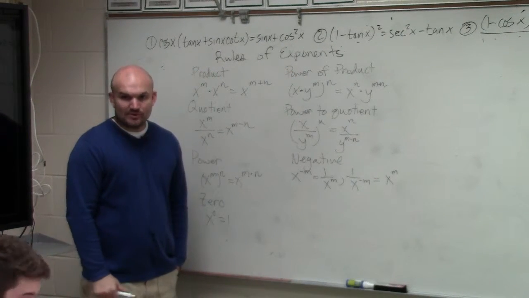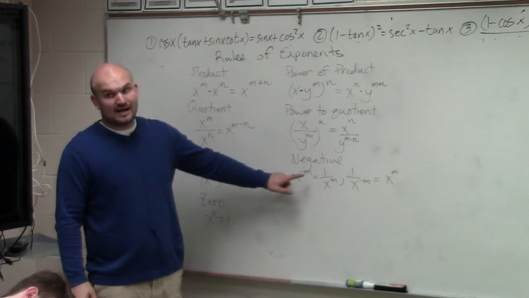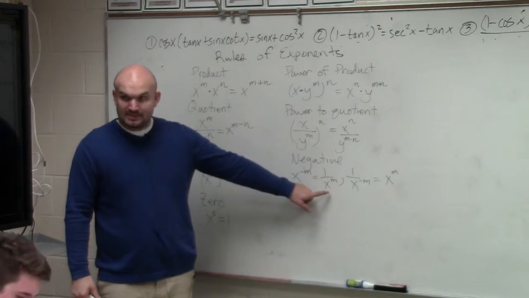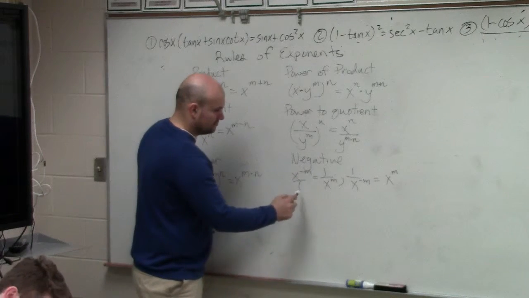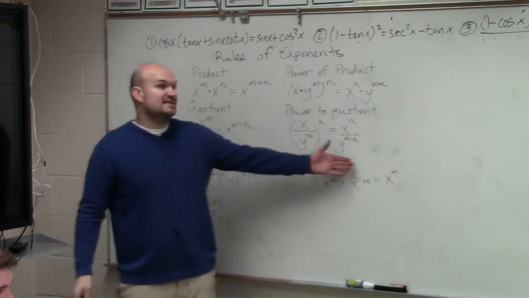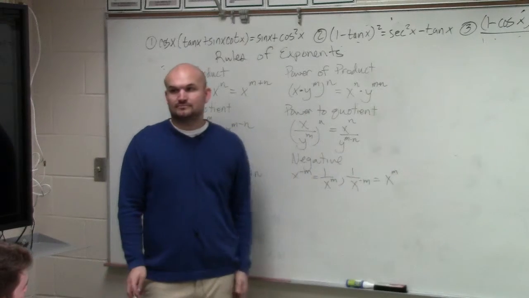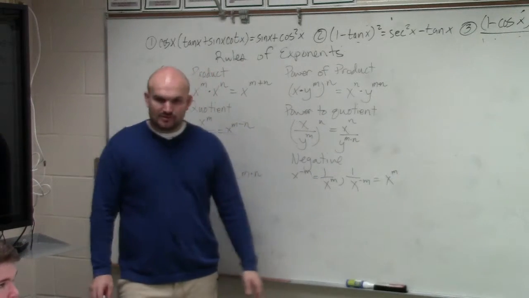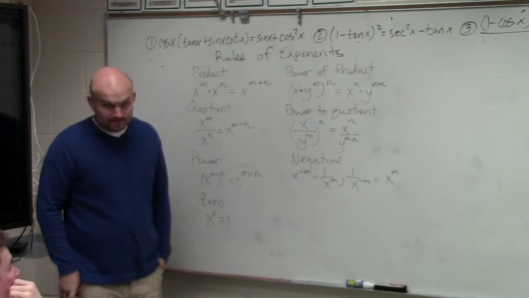If it's negative in the numerator, you write it in the denominator to make it positive. If it's negative in the denominator, put it in the numerator. Is that the negative rule? Yep, negative exponent rule. That's all stuff that you have been presented before.